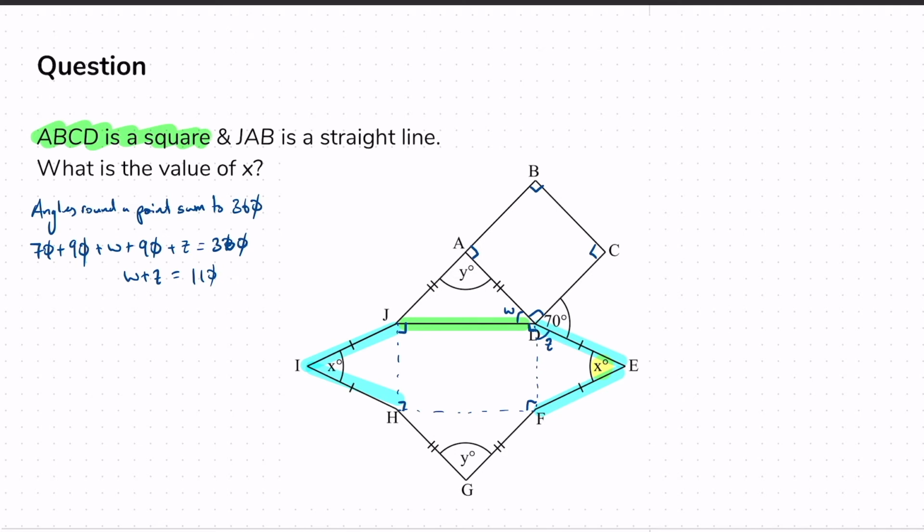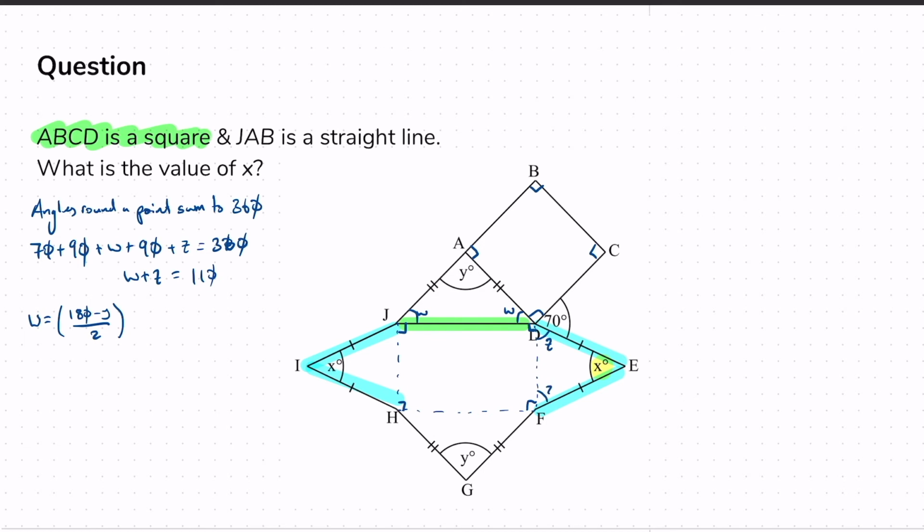Now, is there a way I can write W and Z in terms of Y and X? Well, yeah, absolutely. I can do that because they are isosceles triangles, right? So W is equal to, interior angles of a triangle sum to 180, take away Y, divided by 2, because W is over here as well. There's two lots of them.